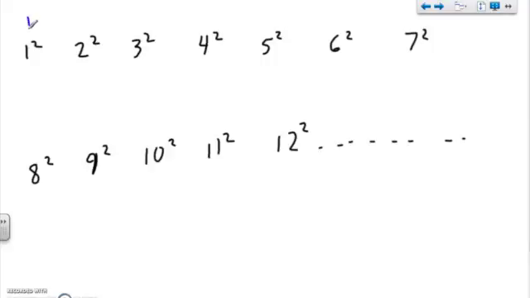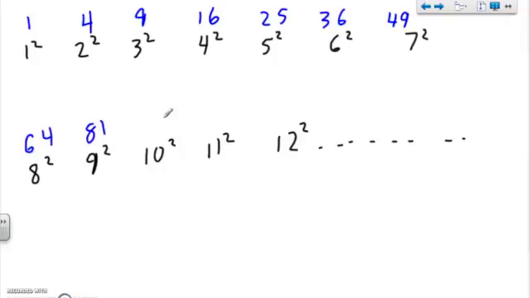So 1 squared is going to be 1. 2 squared is 4, 3 squared is 9, 4 squared is 16, 5 squared is 25, 6 squared is 36, 7 squared is 49, 8 squared is 64, 9 squared is 81, 10 squared is 100, 11 squared is 121, and 12 squared is 144. And you can keep going out.